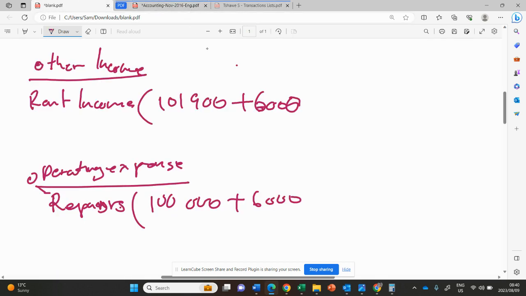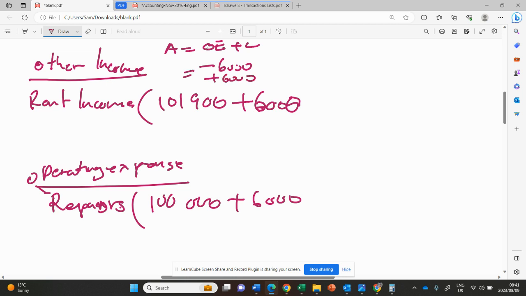They all affect the owner's equity under the accounting equation: assets equal owner's equity plus liabilities. Expense affects owner's equity negatively, so the expense here is 6,000. Income affects owner's equity positively, so it's plus.